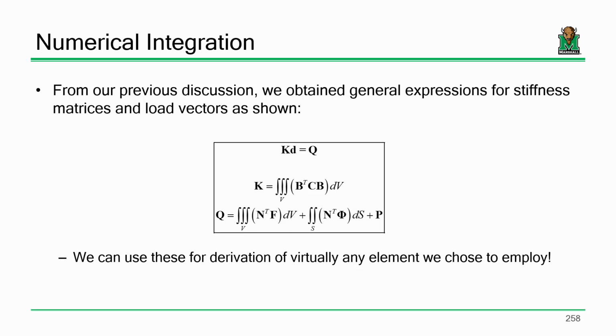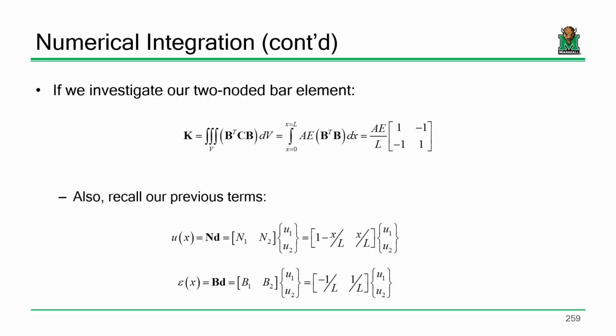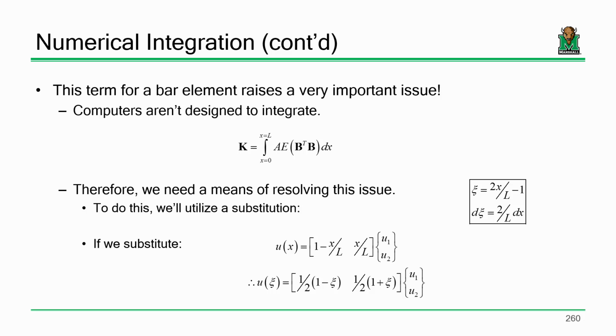Now, let's keep our discussion simple. Let's go back to our most basic fundamental element, a bar element, and explore whether we can look at that integration a little differently. I pulled a little magic trick and said, I'm just going to make up a new variable.